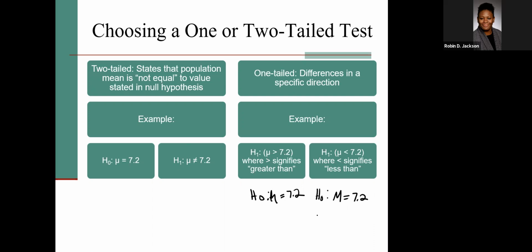But then your alternative hypothesis would be one of these two. So in this first example, the hypothesis in this one-tailed test is essentially saying that treated alcoholics had higher absentee rates than the community. Another way to say this is that the treated alcoholics average more than 7.2 days of absenteeism.